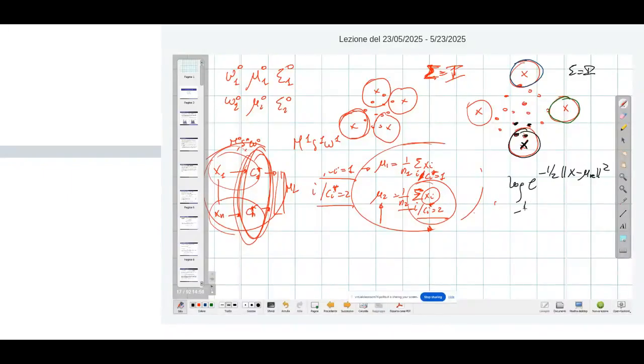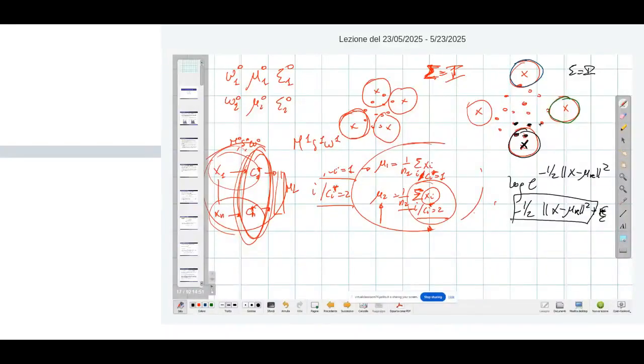When I take the log, the log posterior probability is equal to this plus some constant that I don't care about. So essentially what defines the maximum is the lowest distance of a point from the mean of the correlated Gaussian.